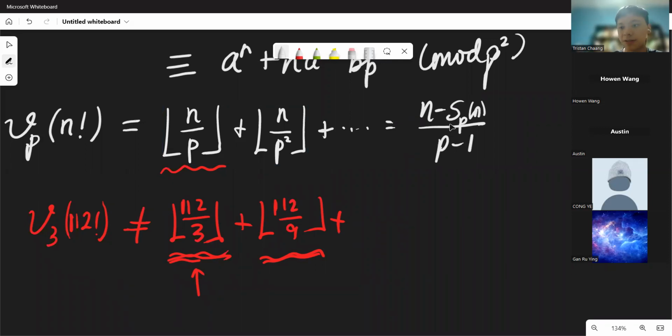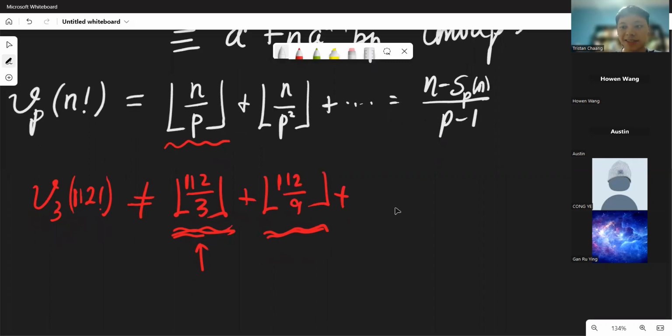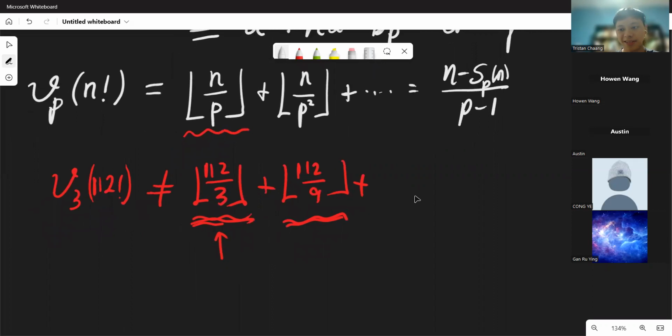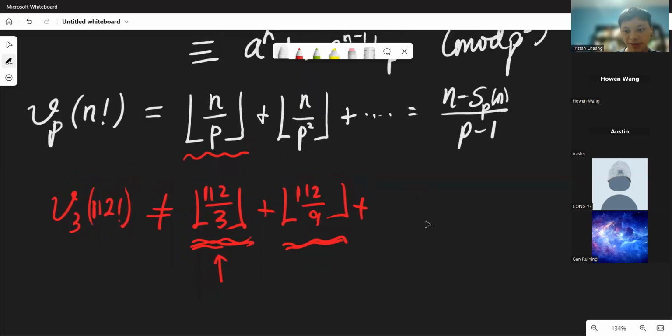And this formula tells us it's a little bit less than that, which makes sense because there are a lot of floor functions here. So first of all, that formula makes sense, just in case. But now let's try to prove this.